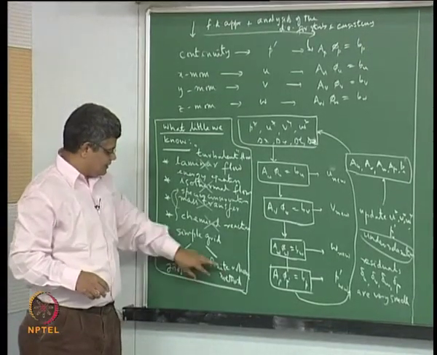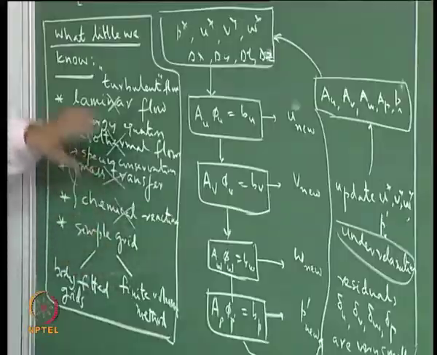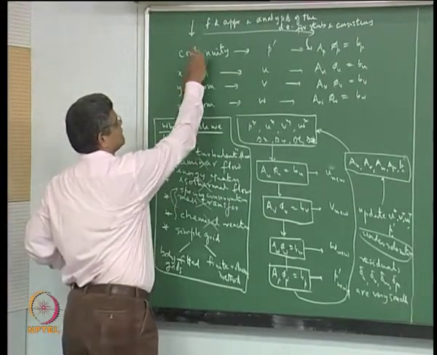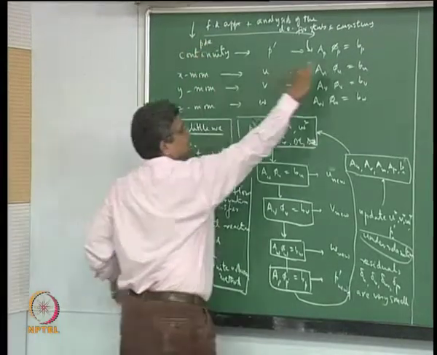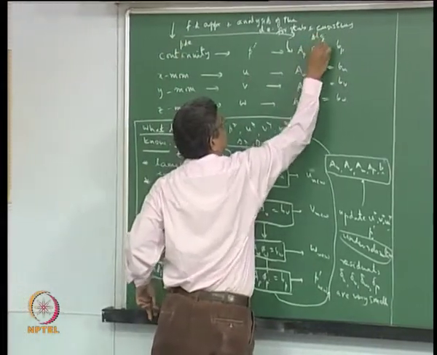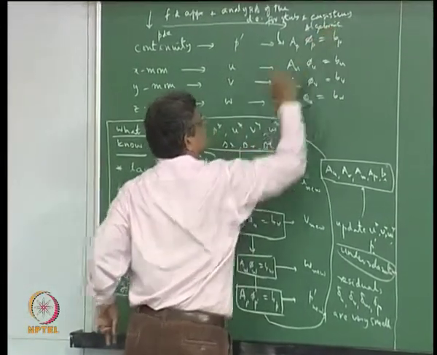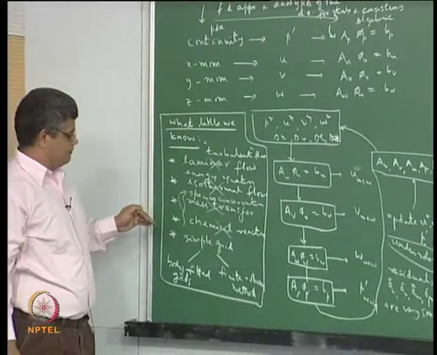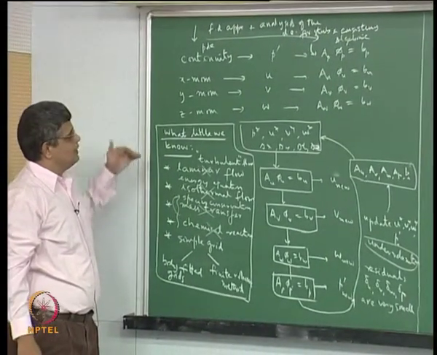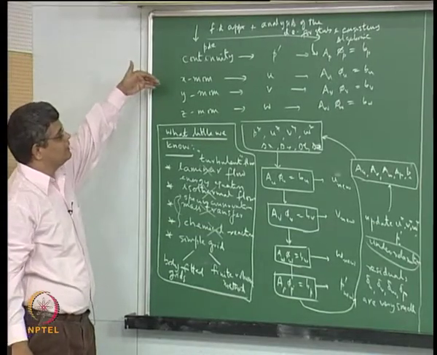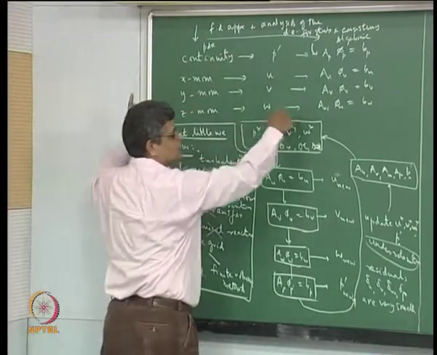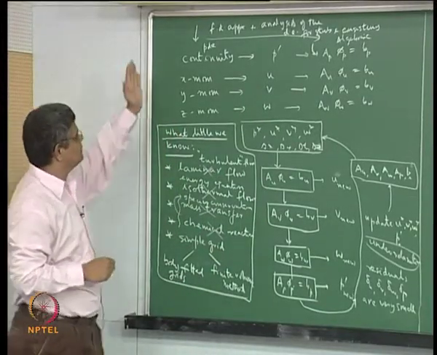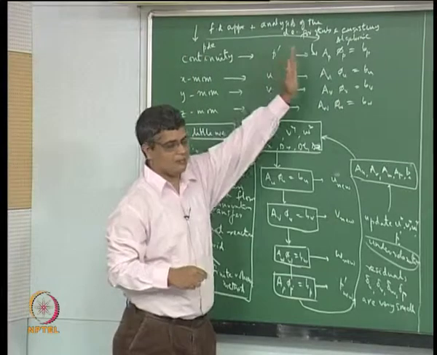Ultimately, both this approach and this approach affect the way that we go from the partial differential equation into the algebraic equations. So when we want to overcome the simple grid limitation, we have to make a significant effort in one of the major parts of the CFD approach, that is to go from the partial differential equations into algebraic equations.